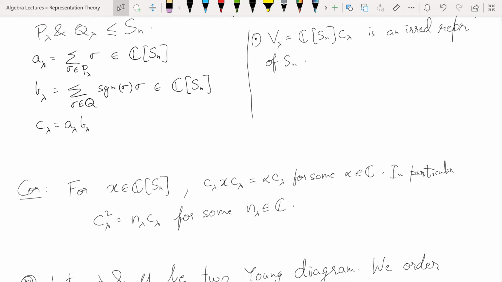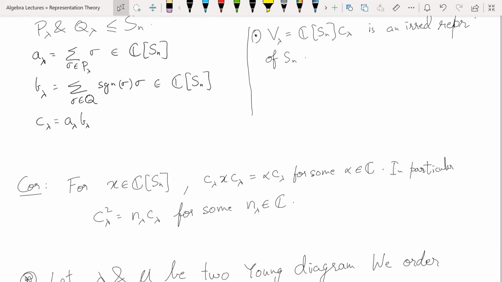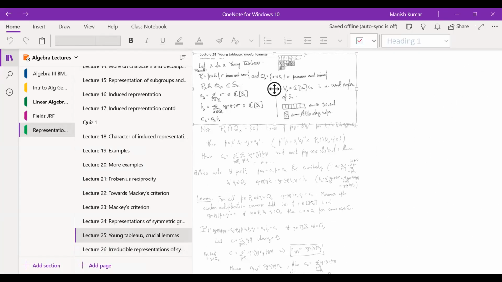So last time we proved a lemma, and as a consequence of that, yeah, so what was the lemma? I've written just the corollary. Maybe the lemma is not needed for this, but let's just recall it.